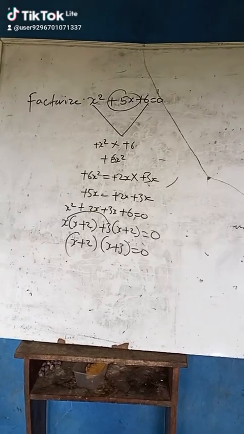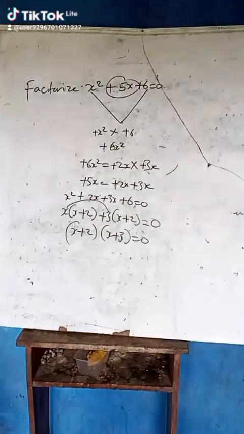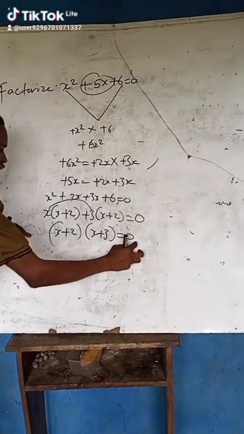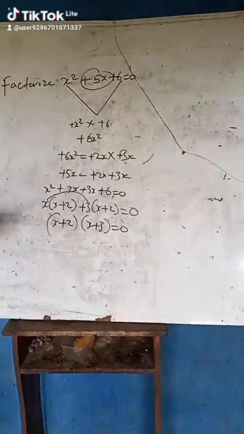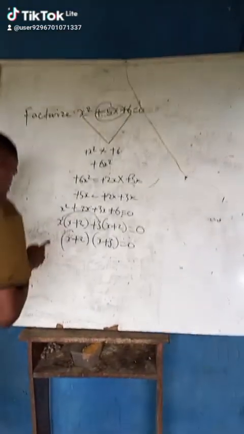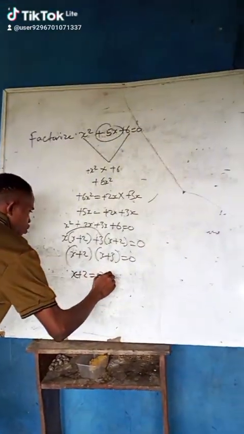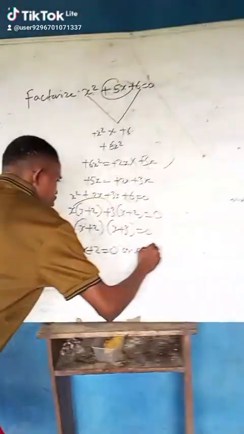Now, we cannot just bring it like this. It's factorized, so we have to form the equation. We now say that x plus 2 equals 0 or x plus 3 equals 0.